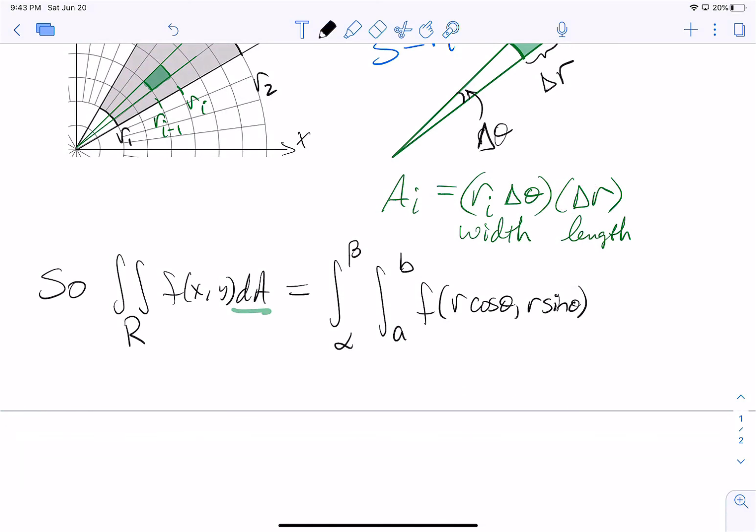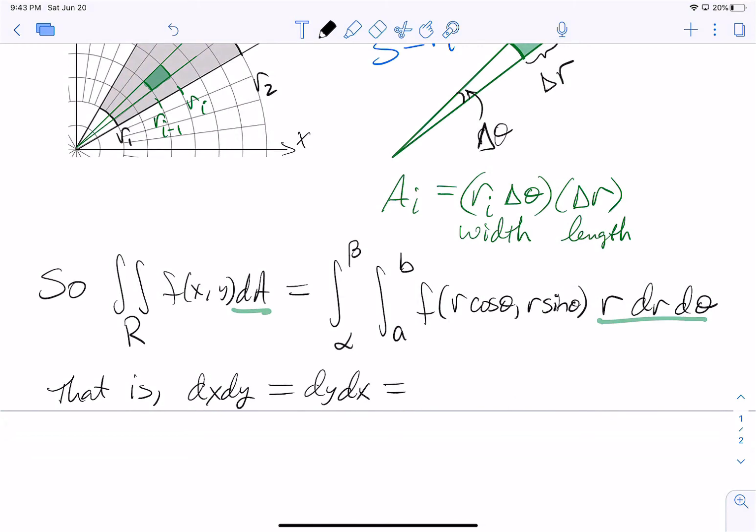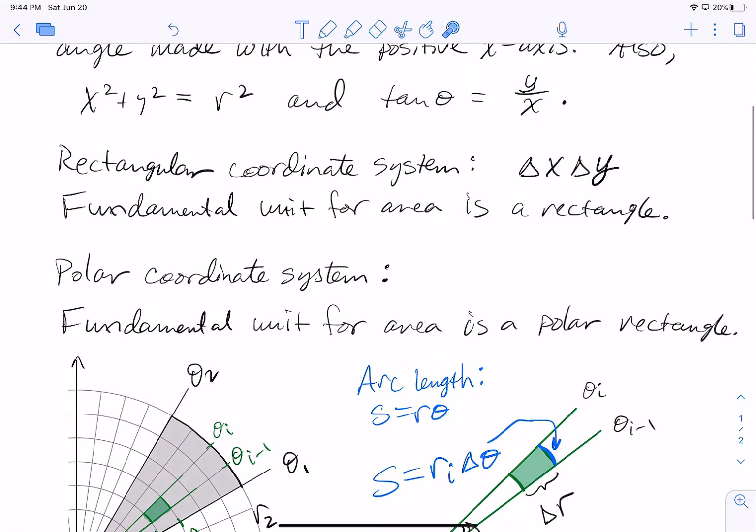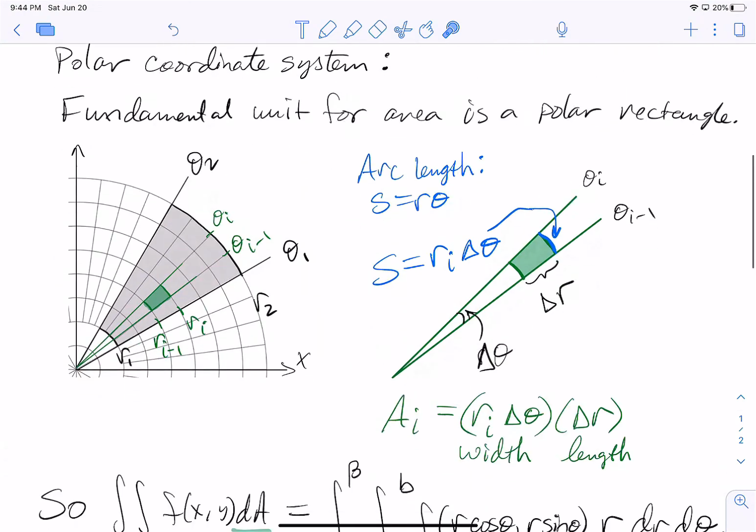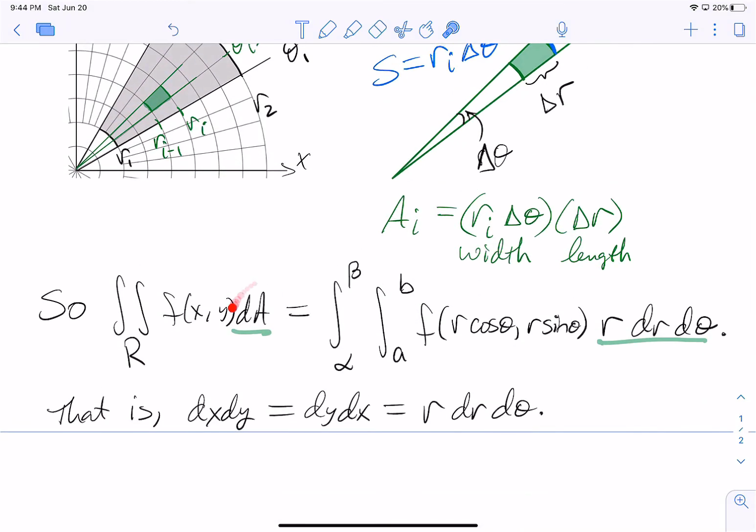In the language of differentials for integrals, this is going to be r dr d theta. That is to say that dx dy or dy dx is represented as r dr d theta. So to convert an integral from rectangular to polar coordinates, we replace x by r cosine theta, y by r sine theta, or sometimes it's just more convenient to replace x squared plus y squared by r squared. And then, instead of dy dx or dx dy, we write r dr d theta.